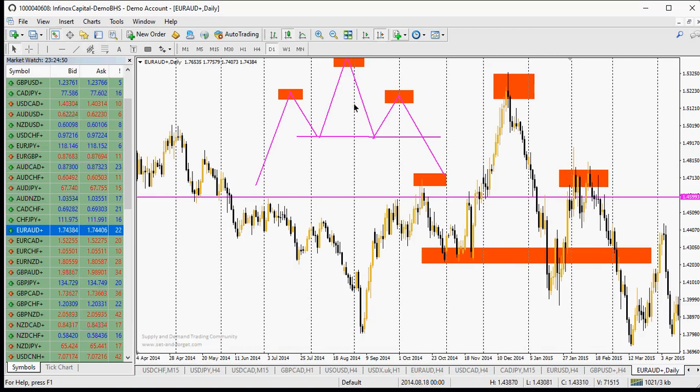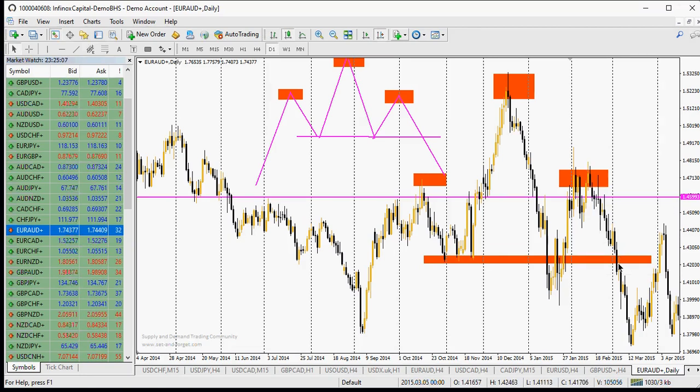So as you can see, this is the pattern, and this is how it plays out in the market. Shoulder, shoulder, neckline, head, and another shoulder here.